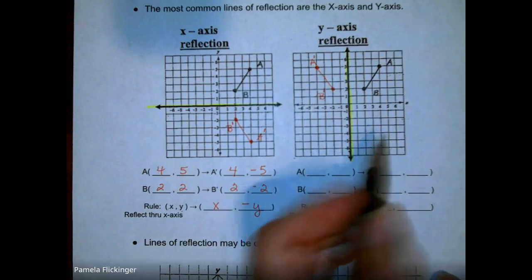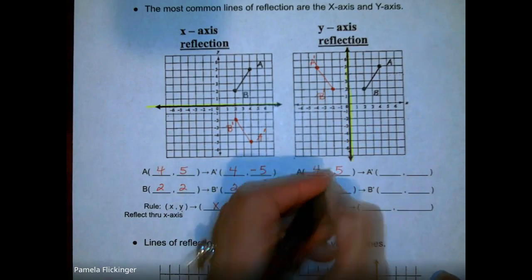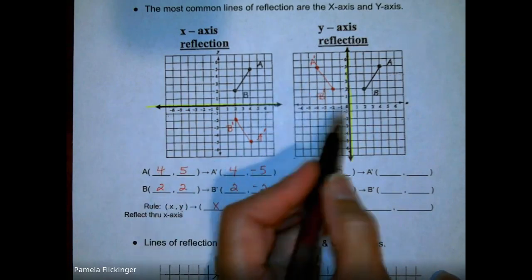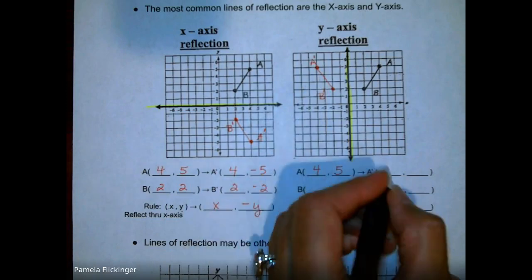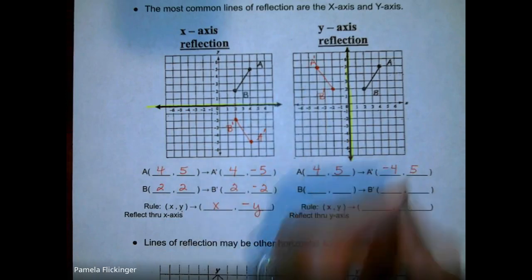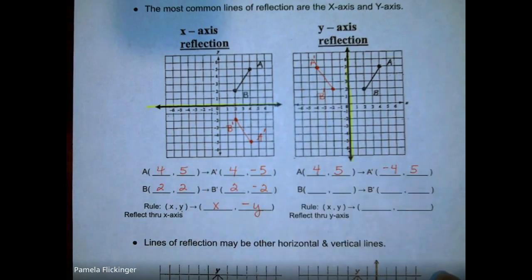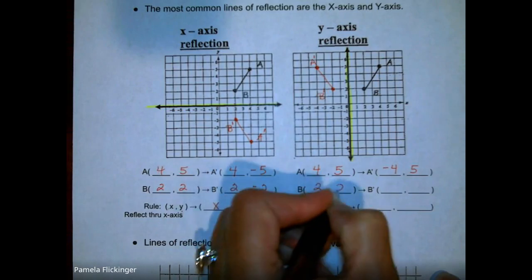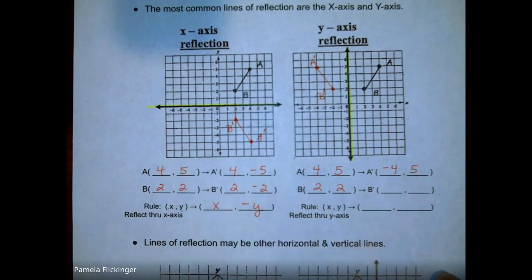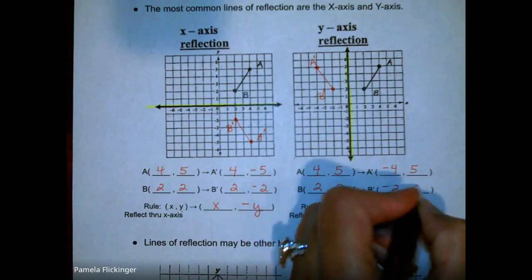So again, point A we know is the ordered pair (4, 5). A prime is now (-4, 5). Point B is still (2, 2). And B prime is now (-2, 2).